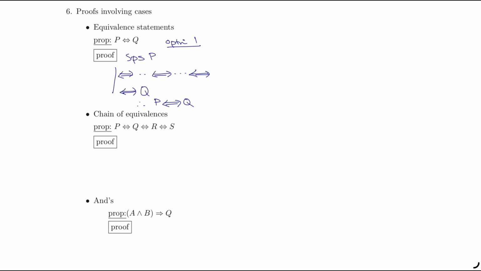So the second option is based on the logical equivalence that the biconditional, P if and only if Q, is equivalent to the conjunction: if P then Q, and if Q then P. So option 2 is basically just two proofs in one.